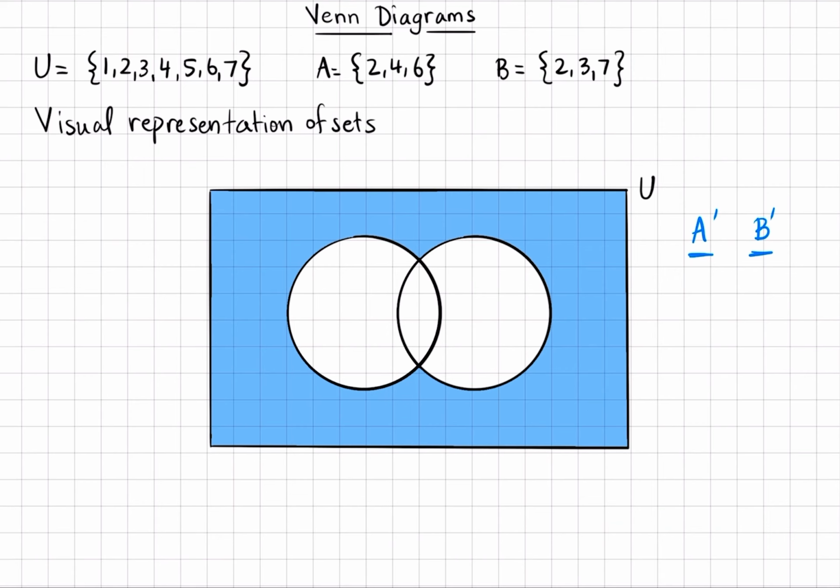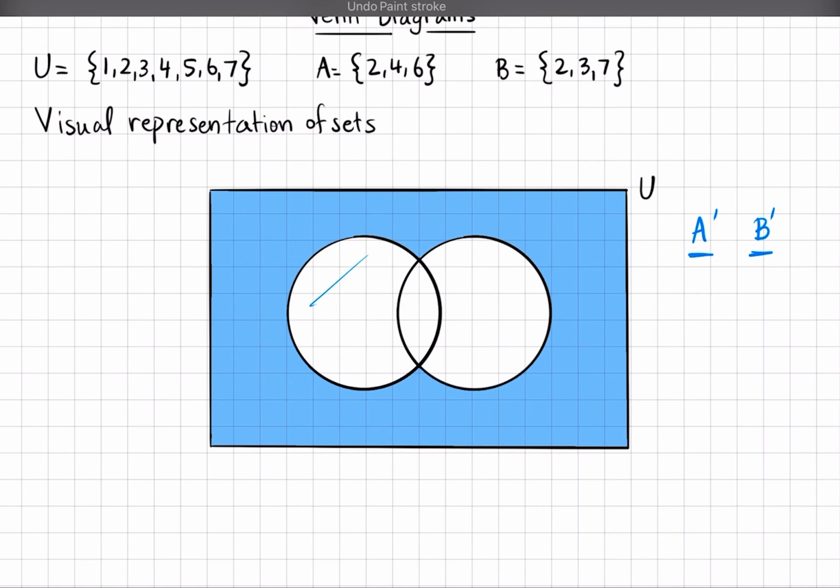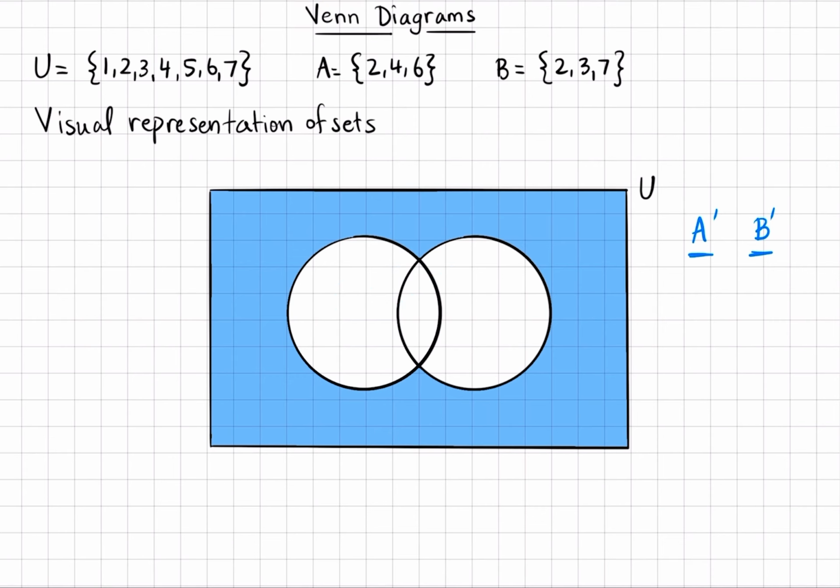This unshaded area right here is A union B. We did it just a couple of seconds ago. So if this is A union B, then everything else, which is the shaded area I have in front of me now, is the complement of A union B. So that's it. I just need to do a bracket and do the accent outside.